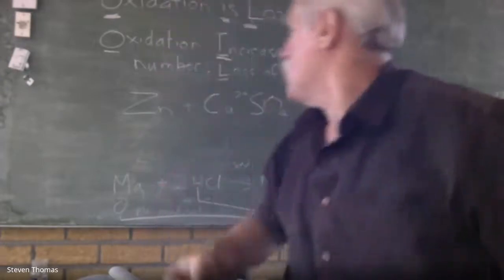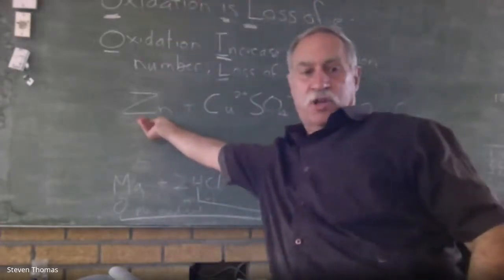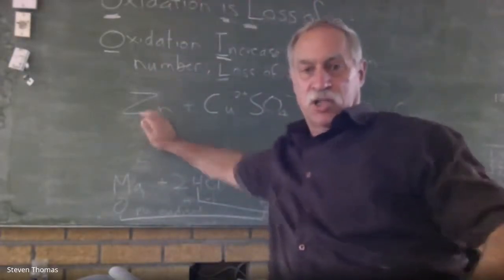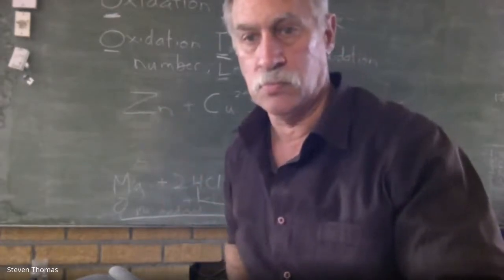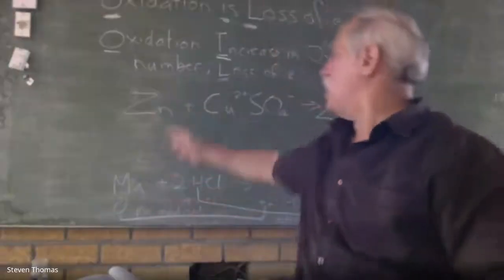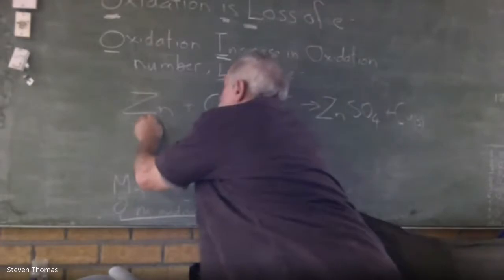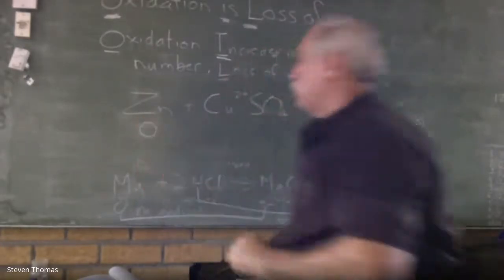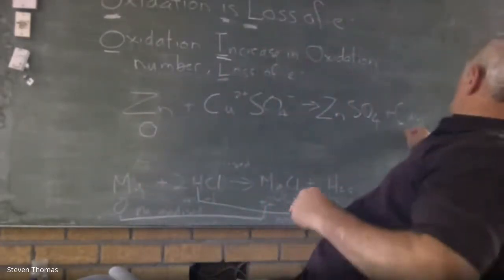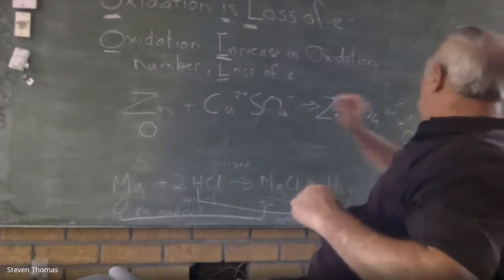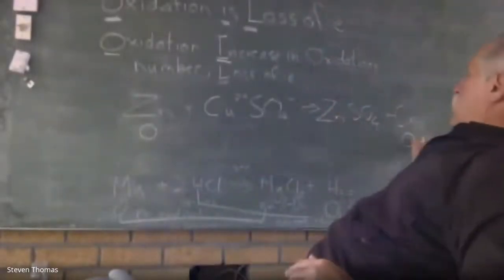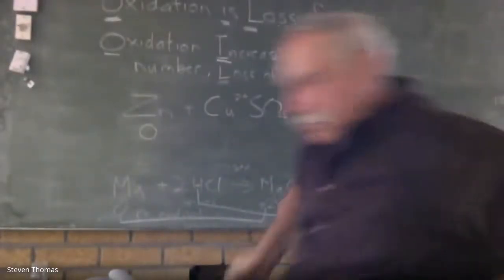If you start with an element like zinc on its own, its oxidation number is 0. If you end with an element like copper solid on its own, then its oxidation number is 0.